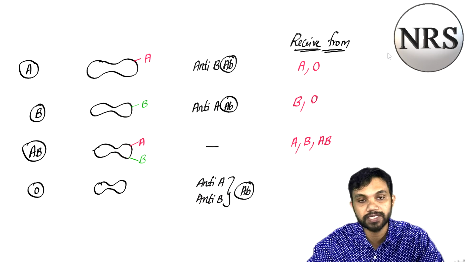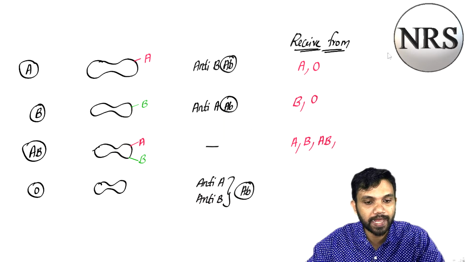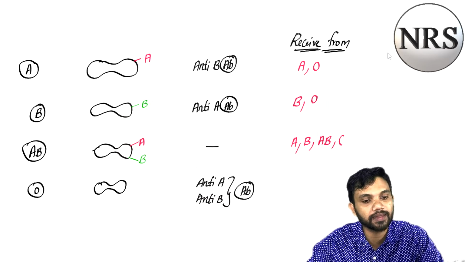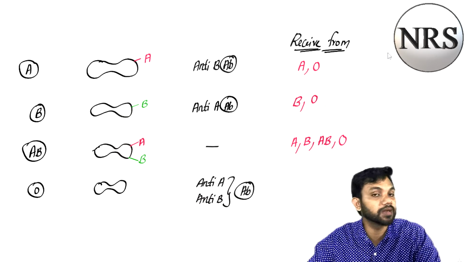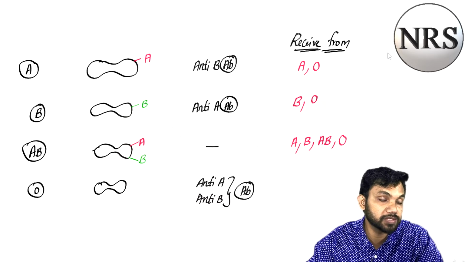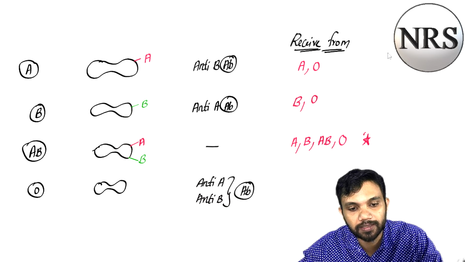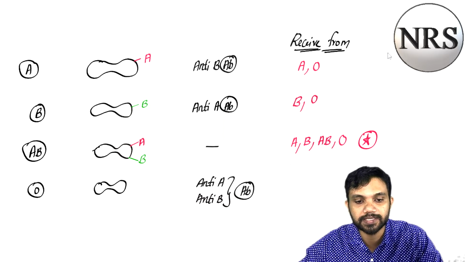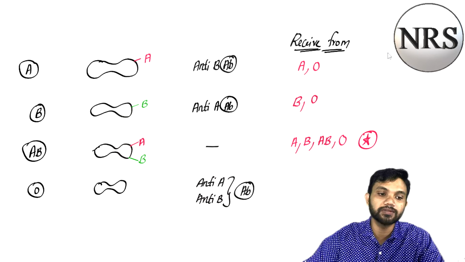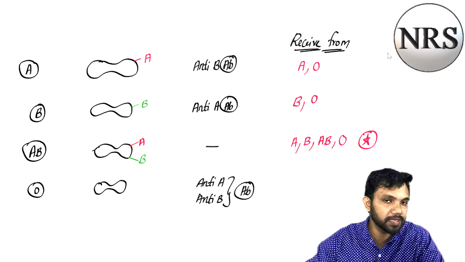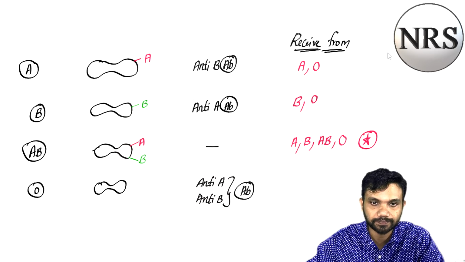Can he receive from O? Of course, because there is no antigen on O. So these persons are the luckiest persons in the world. They can receive blood from any blood group.